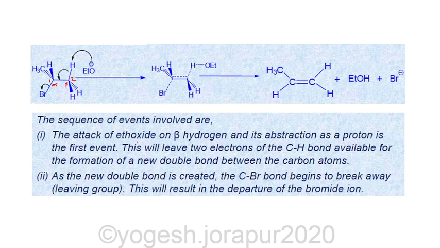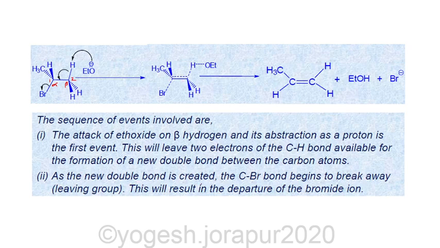The attack of the ethoxide, that is any alkoxide, on the beta hydrogen and its abstraction as a proton is the first step. This leaves 2 electrons of the CH bond available for the formation of a new bond, and this is my new bond, which I have shown here with a partial bond between the carbons.